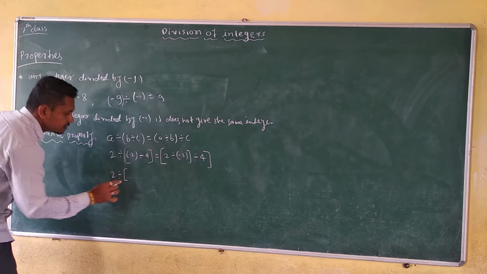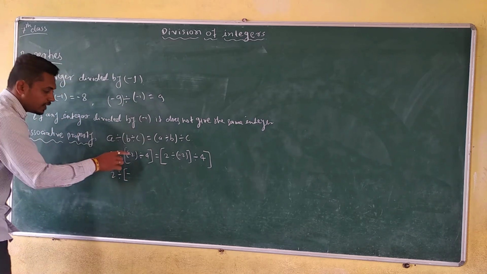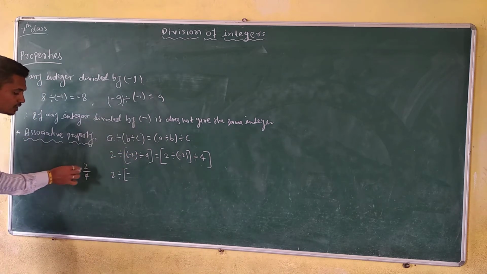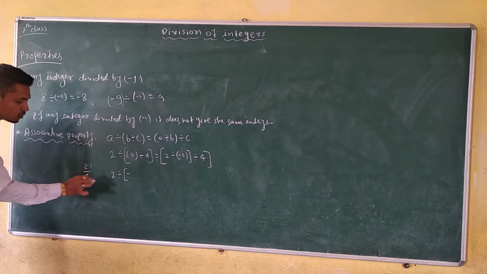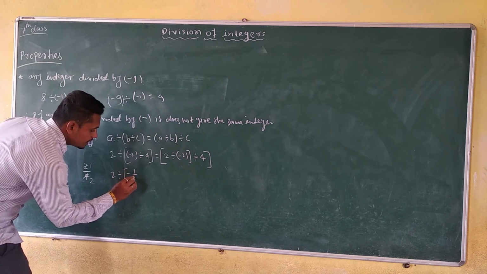In the bracket minus divided by plus gives minus, then 2 divided by 4, which is 1 divided by 2.